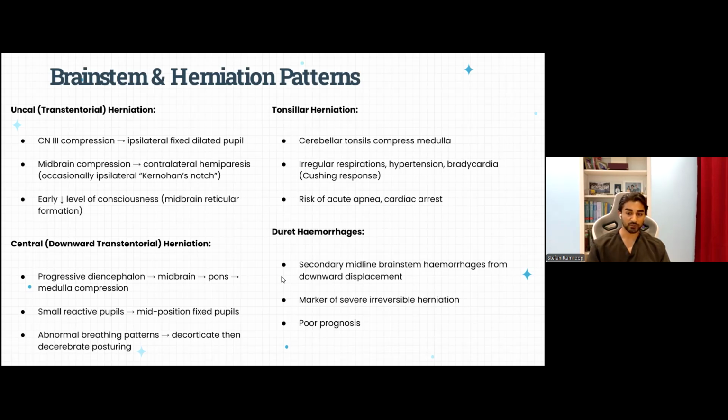Motor posturing progresses from decorticate to decerebrate as midbrain and pontine structures are sequentially compromised. Then there's tonsillar herniation, which occurs when the cerebellar tonsils descend through the foramen magnum and compress the medulla. This will produce irregular respirations, cardiovascular instability, and eventually cardiorespiratory arrest if not reversed. And Duret hemorrhages, as we mentioned previously.